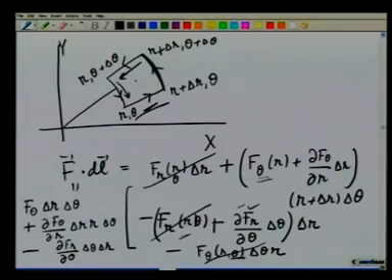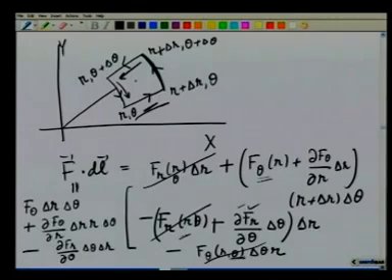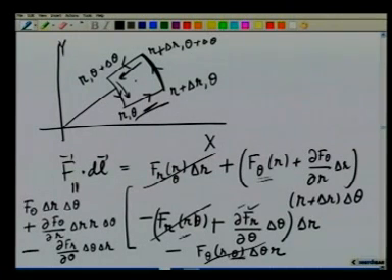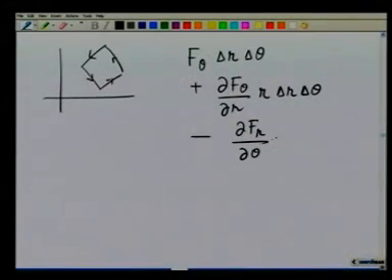So, let me rewrite it. What I have determined is ∮f·dl, and this comes out to be f_θ Δr Δθ plus ∂f_θ/∂r r Δθ Δr minus ∂f_r/∂θ Δr Δθ.